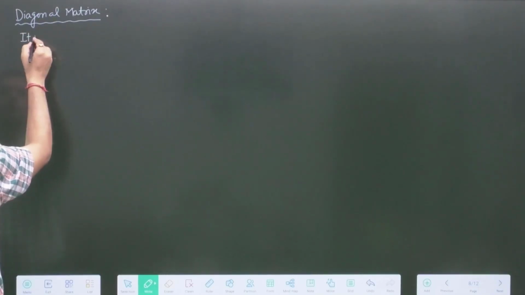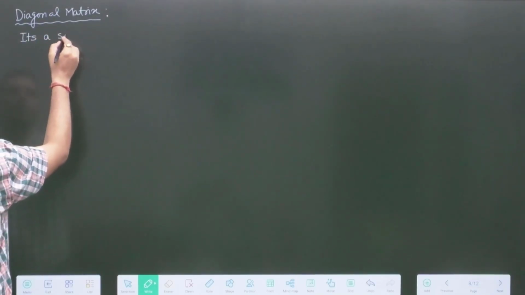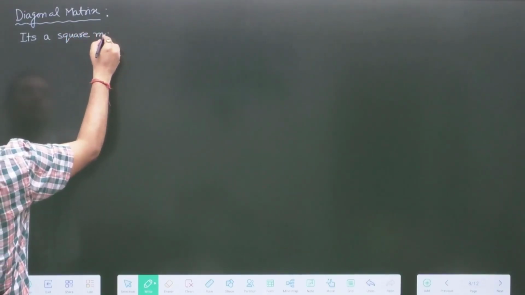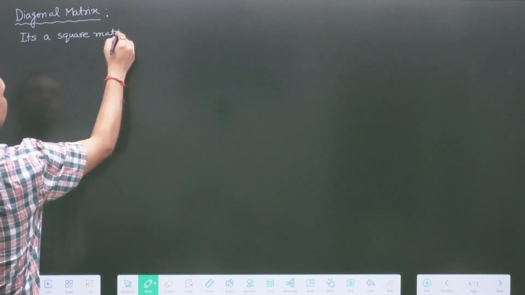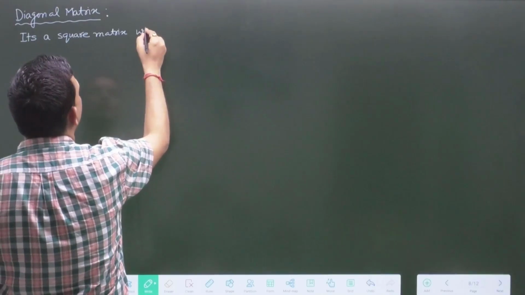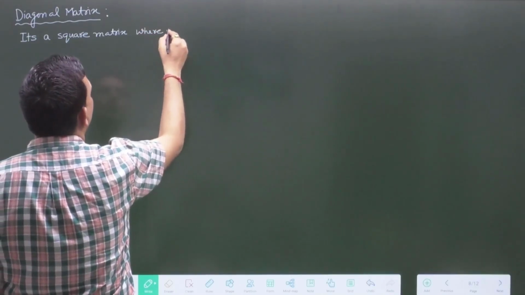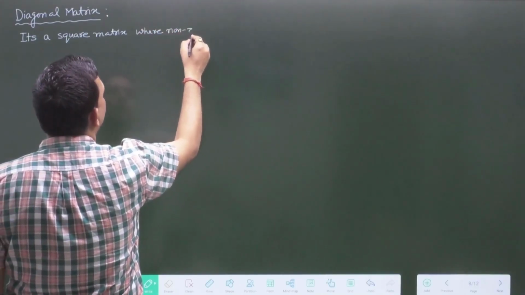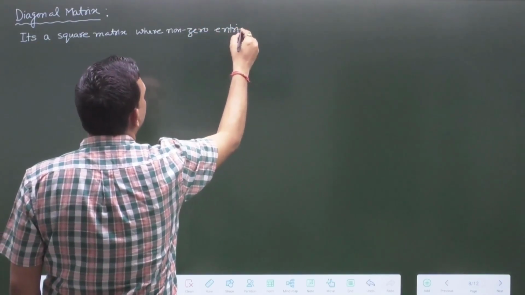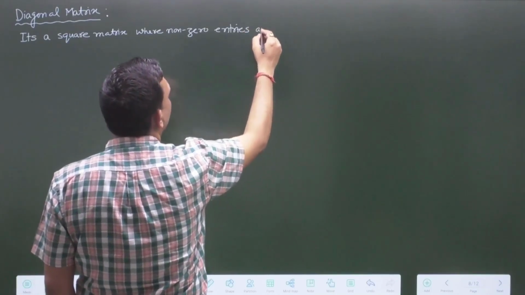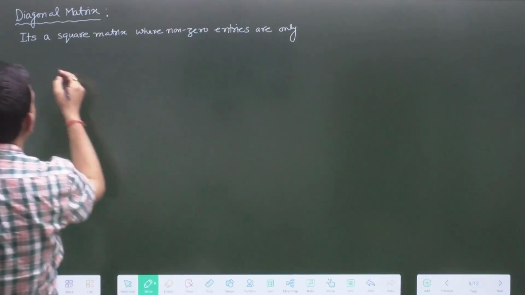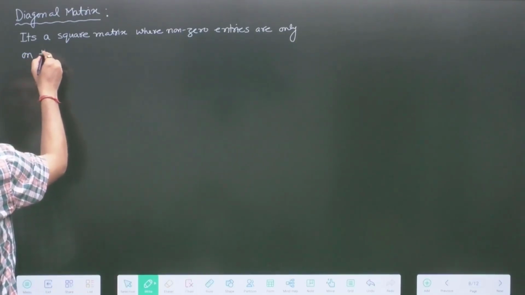So it's a square matrix where non-zero entries are only on the main diagonal.